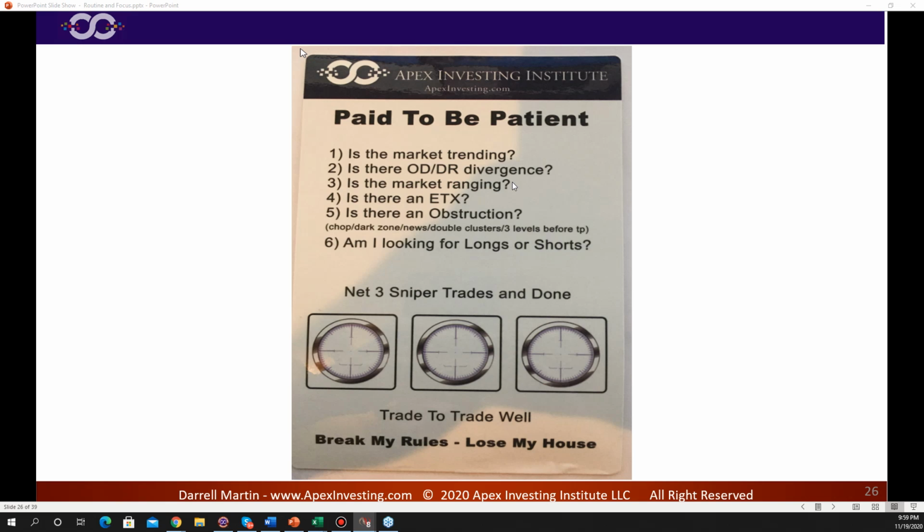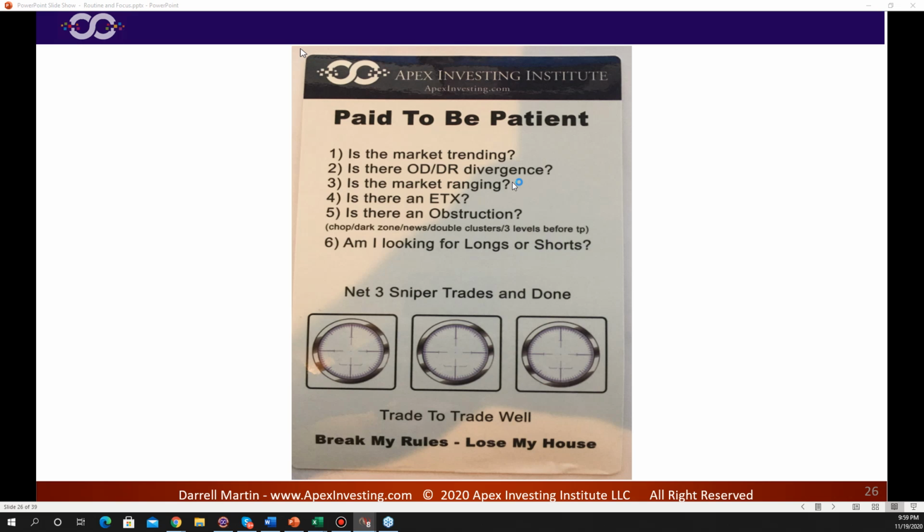Do we look for divergence in a ranging market? Do we look for hidden divergence in a ranging market? So when you identify that it's in a ranging market, the trending trades go out the door, divergence trades go out the door, hidden divergence trade goes out the door, and then there's certain ranging rules, right?